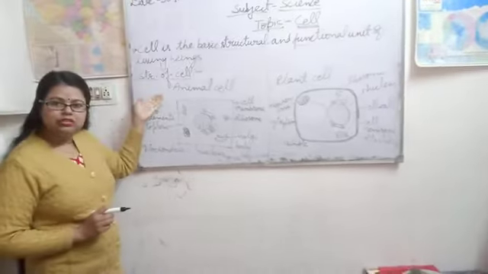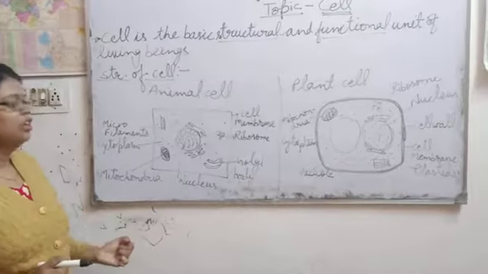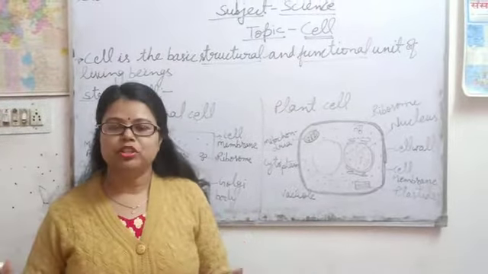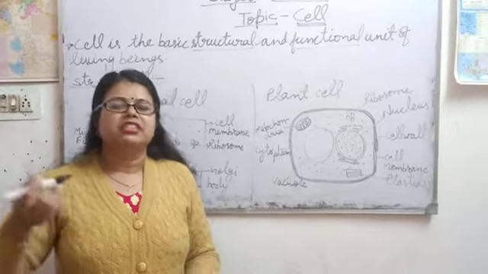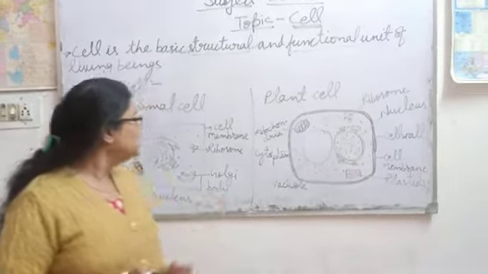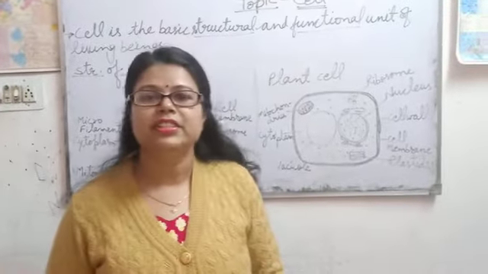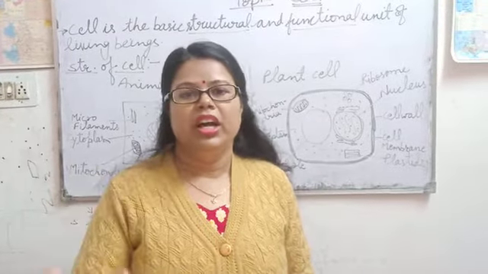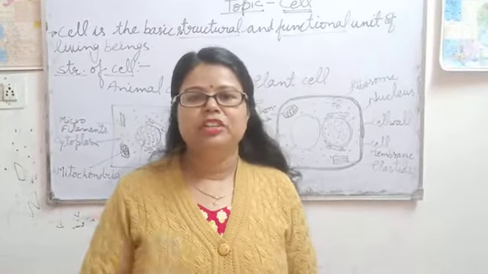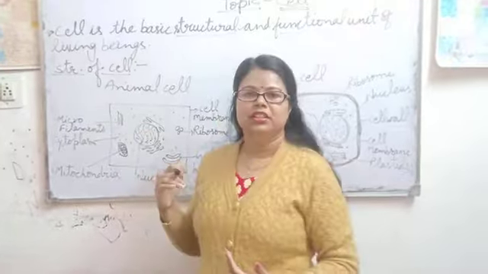Now we study the animal cell. An animal cell is microscopic. All cells are microscopic except one or two cells, but mostly cells are microscopic. We can't see cells without a microscope.